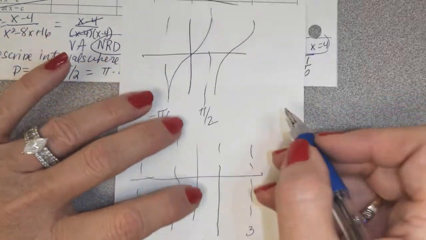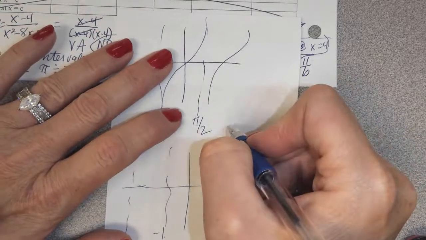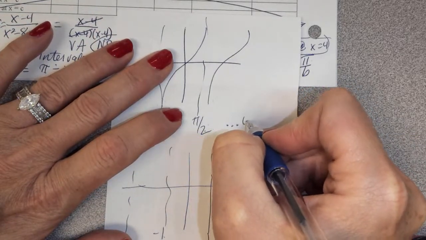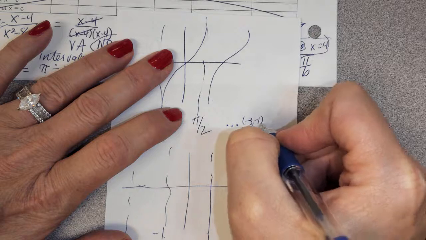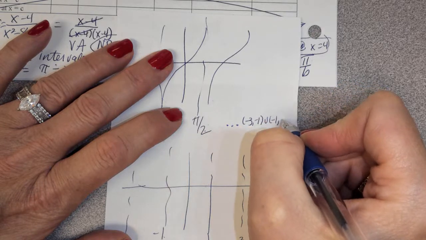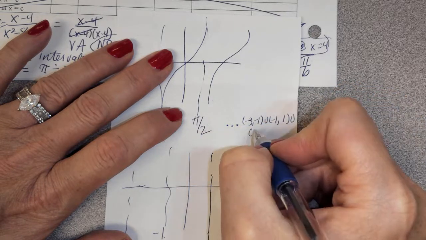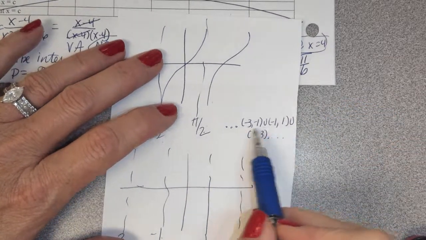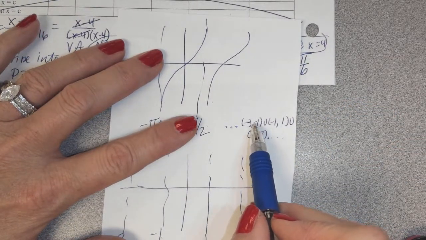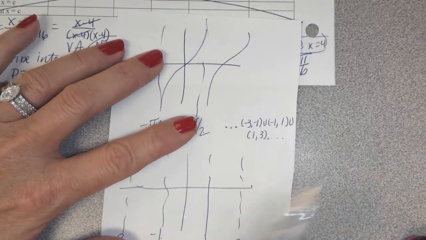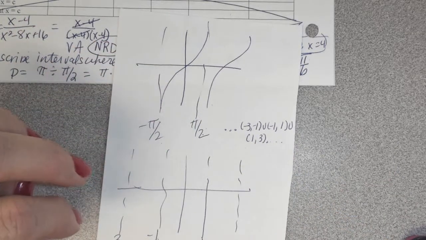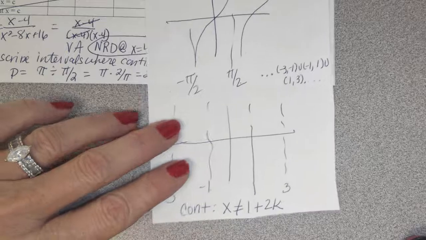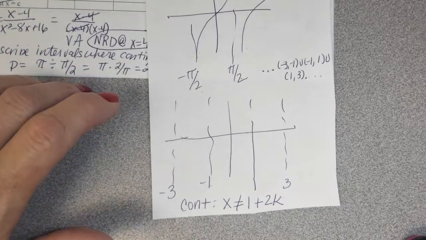If I want to write it out in interval notation, I can do this, dot, dot, dot. Negative 3 to negative 1, continuous. Negative 1 to 1, continuous. 1 to 3, continuous, dot, dot, dot. And see how we can see the pattern there? Goes on forever like that. Okay? That's the toughest problem you'll see on your homework, is that kind of problem.